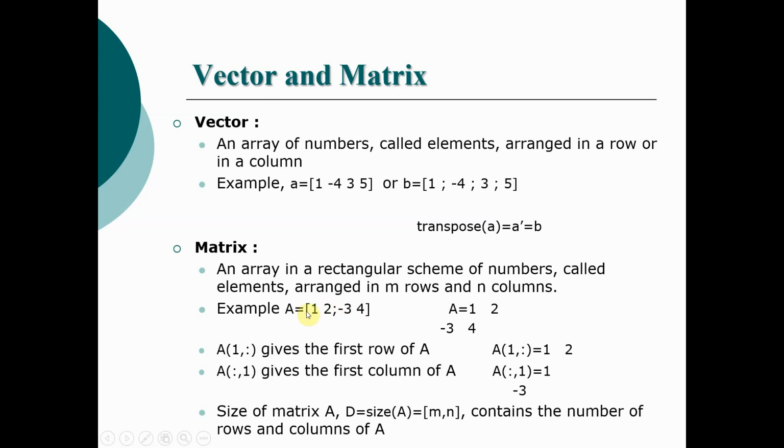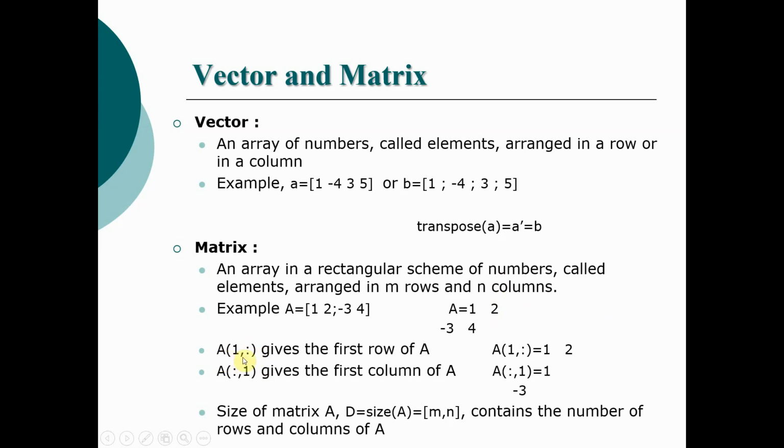So I have to write A with round brackets or parentheses 2, 1. First the index for the row, then the index for the column. If I want to access number 2, this is in the first row and the second column, so I have to write A round brackets 1, which is the index for the row, comma 2, which is the index for the column.